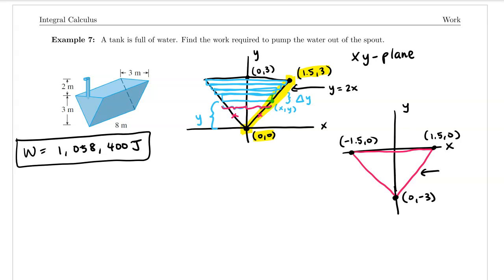And so that would mean that this line segment still has the same slope, and it would be y equals 2x minus 3. And so you would need different limits of integration and such, but you can still get the same correct final answer going about doing it this way. It's just going to look a little bit different.